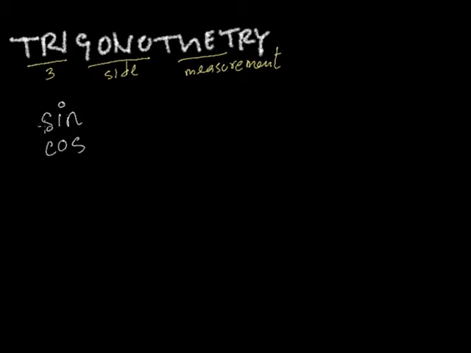We use the word sine of some angle and cos of some angle. So when we say trigonometry, we say sin x or cos x. Now the first question is, why do we use the symbol sine and cos, and where do they come from?